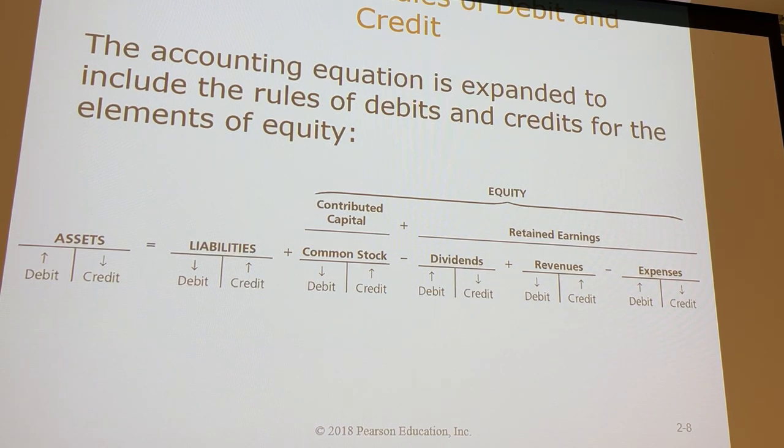But this diagram is going to be very helpful to you because if you're making an entry that involves the common stock account, it's probably going to be hard to remember at first. Does common stock go up with a debit or does it go up with a credit? So you could refer back to this diagram and it would give you that information right away.